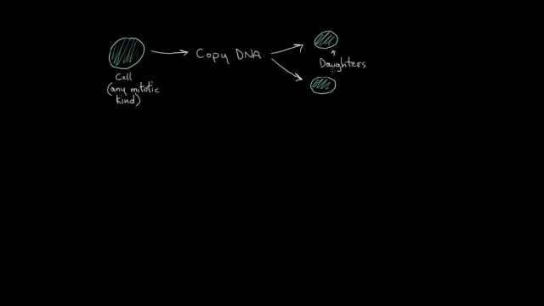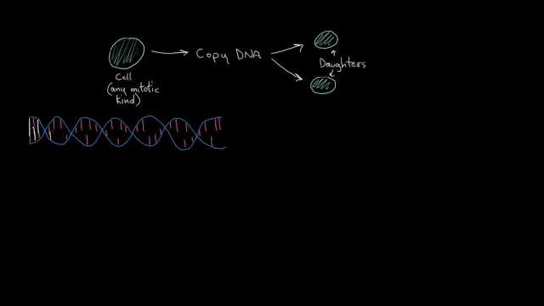So here's our cell ready to start mitosis. It wants to copy its DNA to pass a full set on to each of its daughter cells. Remember, in eukaryotes like us humans, we have nice linear strands of DNA, and lots of them, as opposed to our prokaryotic bacteria friends who have circular DNA.